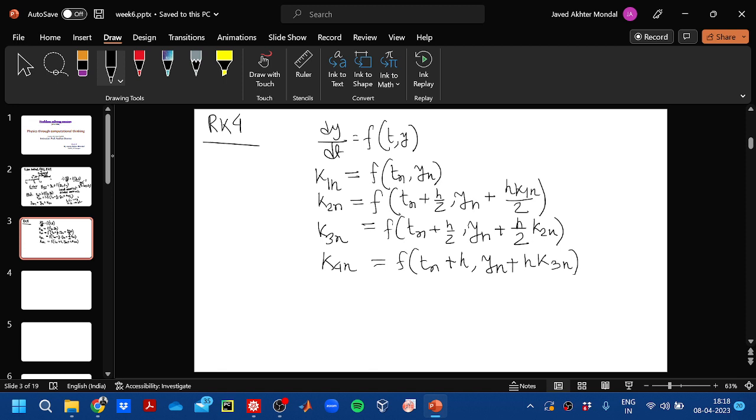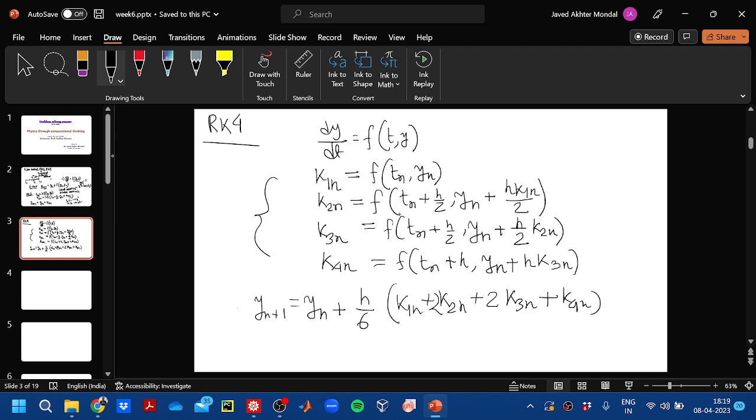From these four coefficients, yn plus 1 equals yn plus h by 6 times k1n plus 2 times k2n plus 2 times k3n plus k4n, and tn plus 1 is tn plus h.